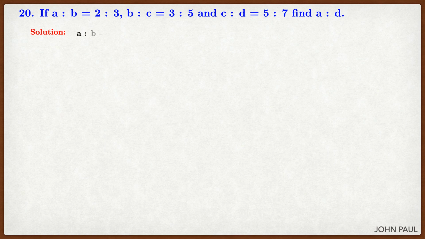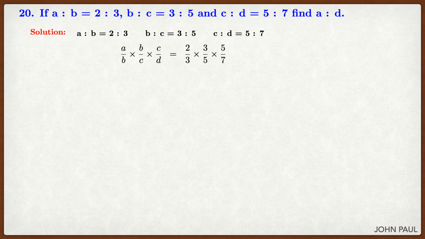The given condition we wrote. A is to B can be written as A by B. Similarly, other terms also we will write, that is A by B into B by C into C by D equal to the ratios 2 by 3 into 3 by 5 into 5 by 7.